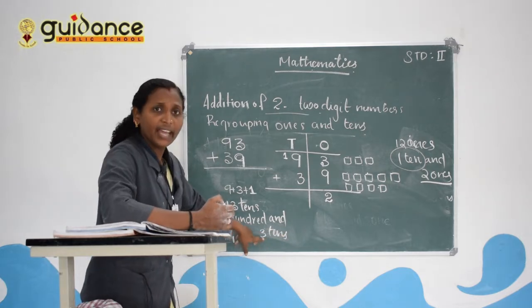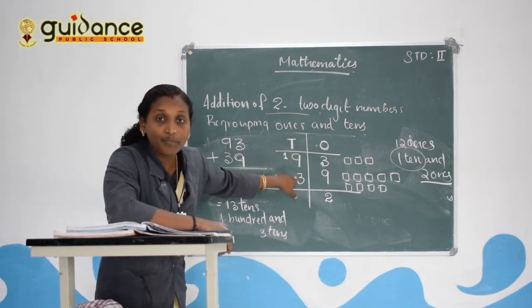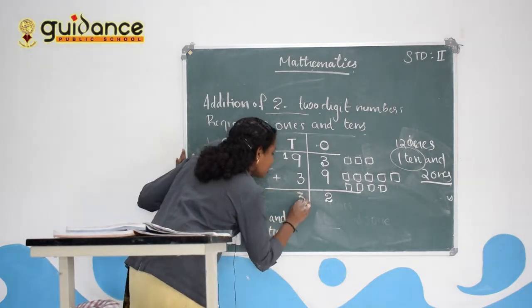That is, 3 tens can be written at the bottom of the tens place. That means here write 3.